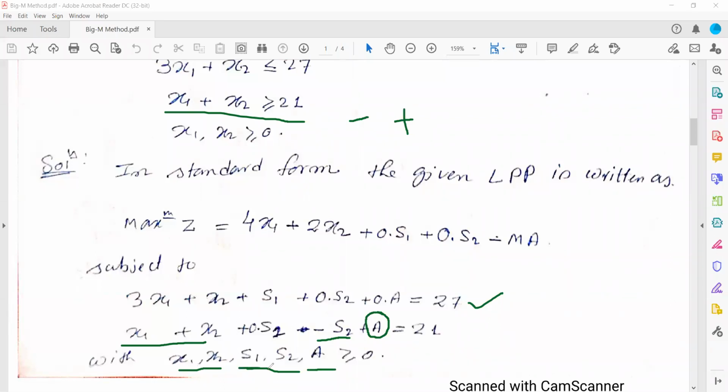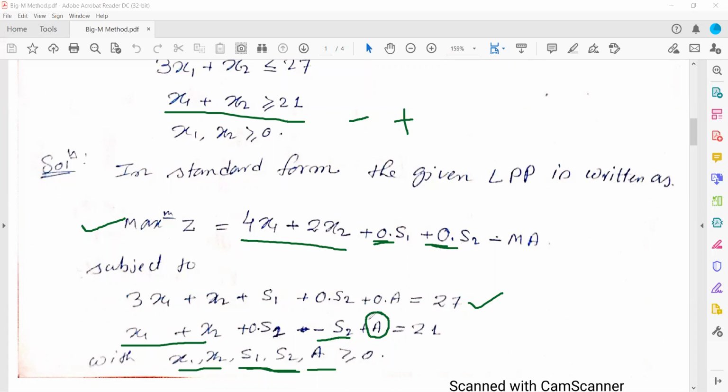Now write the objective function using all these variables. x1 and x2 are already there. Then the slack and surplus variables should be written with coefficient 0.